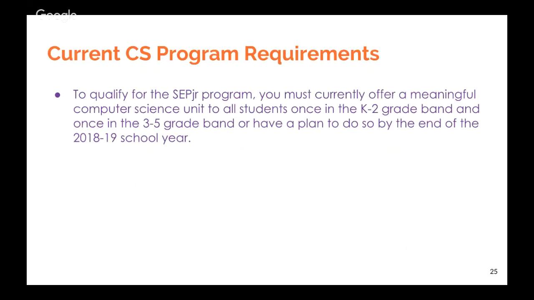So it's very important in your application that if you do have this plan, or you're already implementing this, that you clearly explain this, and so we have a good understanding of what your work looks like. It's also really important to distinguish between computer science education and computer literacy.